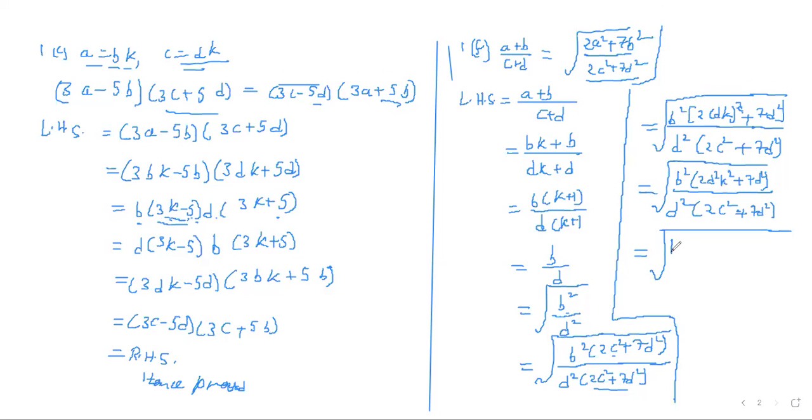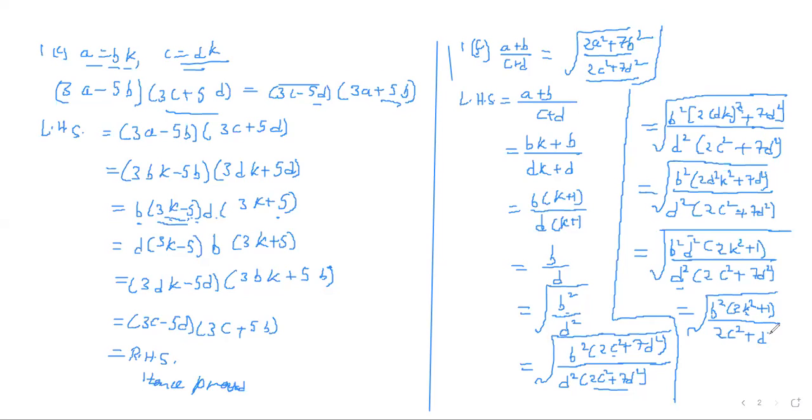When we take this d square common, it is 2k square plus 1 over d square into 2c square plus 7d square. So d square from the numerator and denominator will be cancelled out. Next line is b square into 2k square plus 1 over d square already cancelled out.